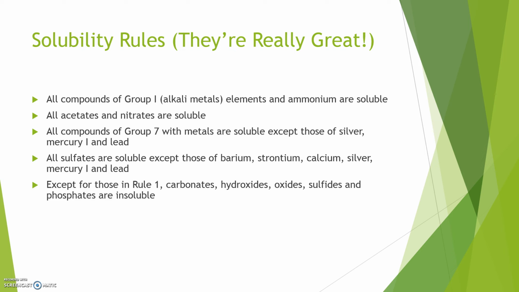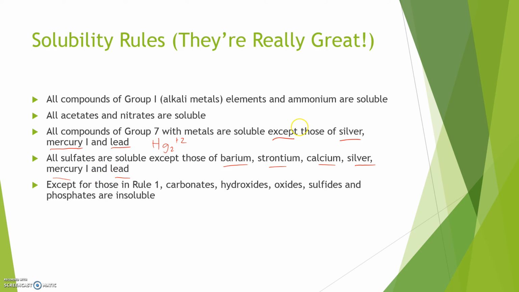Group 7, fluorine, chlorine, bromine, and iodine, they all dissolve as well, except when they are with silver, mercury 1, and lead. And remember, our mercury 1 is Hg2 +2. All sulfates are soluble, so SO4 -2 is soluble, except with barium, strontium, calcium, silver, mercury 1, and lead.